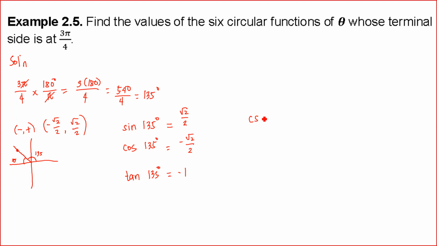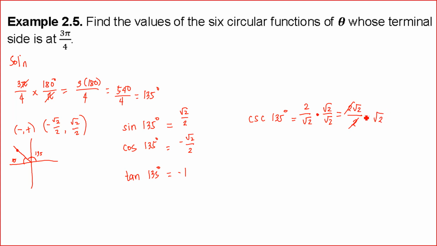So here we have cosecant 135 degrees. You have to get the reciprocal of this one, so you have 2 over square root of 2. Since the denominator is a radical, we can now rationalize the denominator. We multiply by square root of 2 over square root of 2. So here you have 2 square root of 2 over 2, since square root of 2 times square root of 2 is 2. Divide out the numerator and denominator, and we have square root of 2.